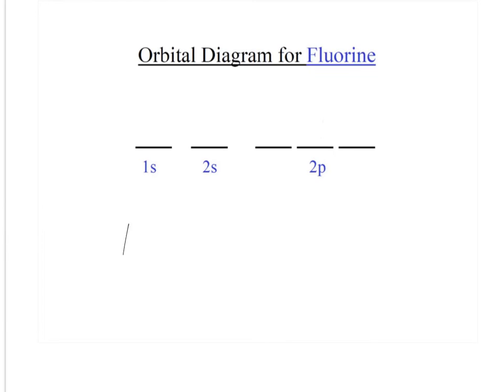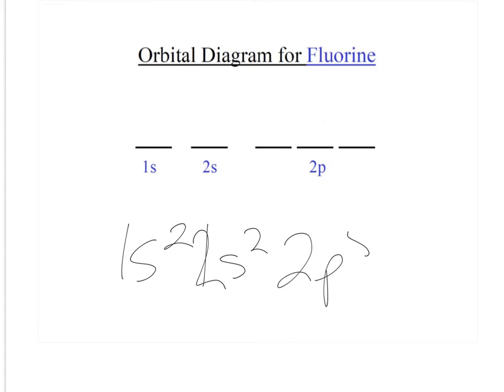So for fluorine, our electron configuration is 1s2, 2s2, 2p5. So 1 up, 1 down, 1 up, 1 down. And then now for 2p, you want to go up, up, up, because they don't want to be next to each other. Down, down.